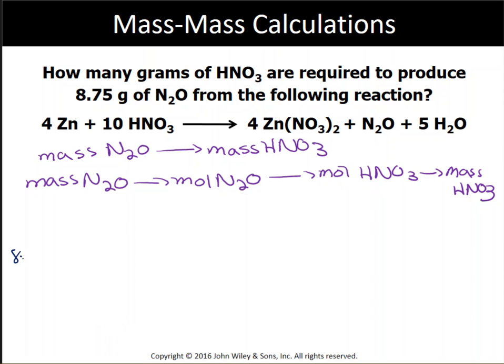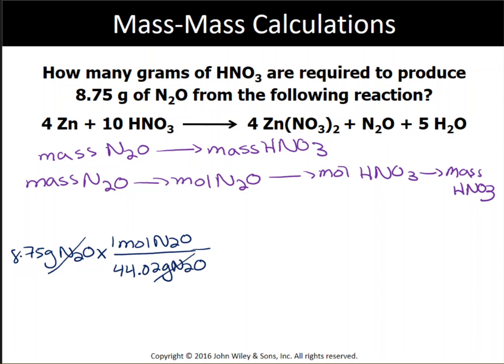So we're given 8.75 grams of dinitrogen monoxide. To convert to moles, we have to use the molar mass of dinitrogen monoxide. So each mole of dinitrogen monoxide is 44.02 grams of dinitrogen monoxide. And now to go from moles of dinitrogen monoxide to nitric acid, we're going to use the balancing coefficients as our conversion factors.